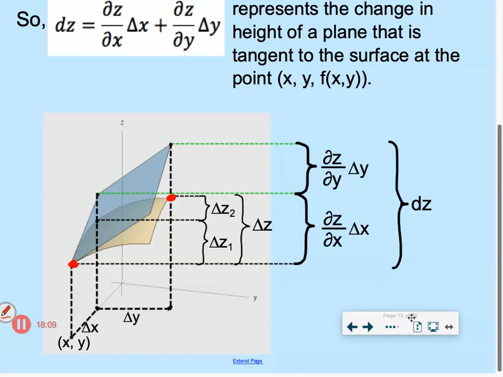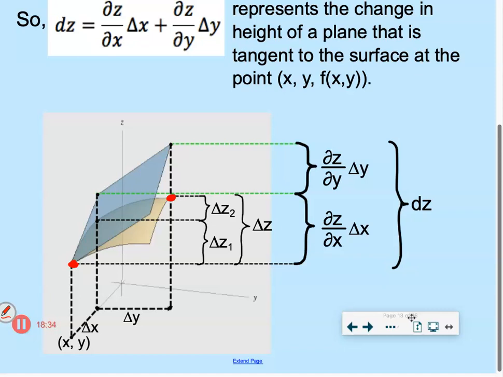So that's your actual total delta z based on the new input with the error in the x and the error in the y. So this is your new z output value on the actual function. The estimated z value or change in z value would be if you did a plane tangent to the curve at that point.